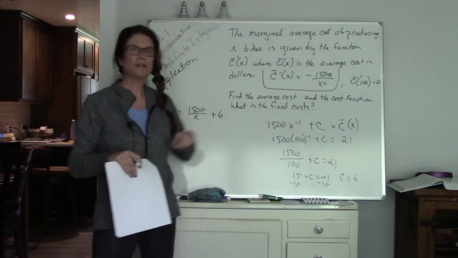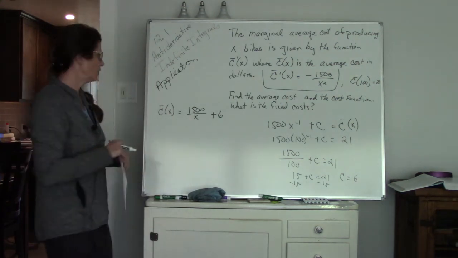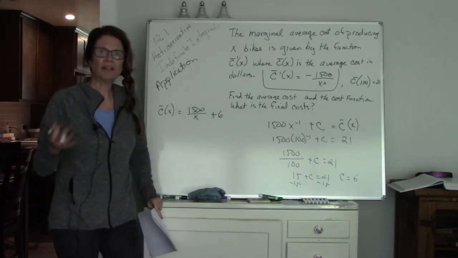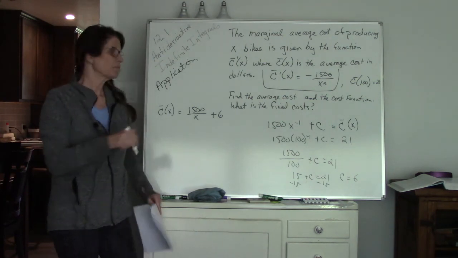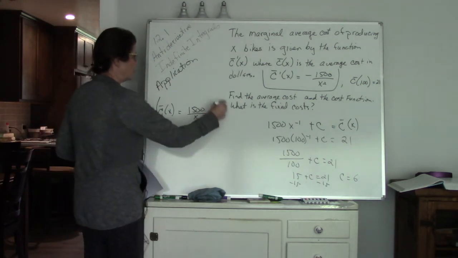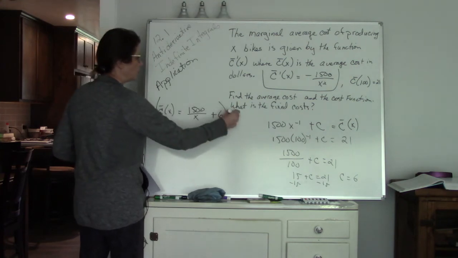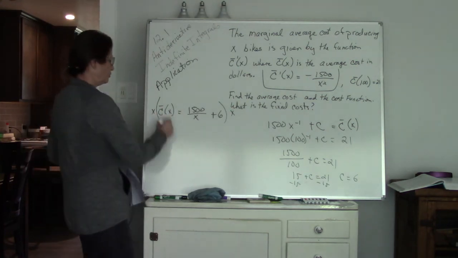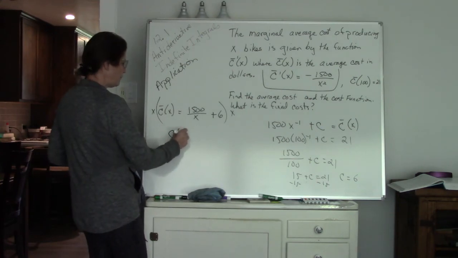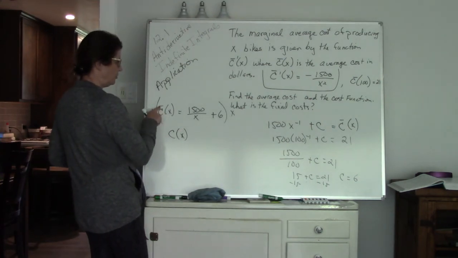Now it says, what's the actual cost function? If you remember, whenever you find average, you take the total and divide it by x. So to go from average back to our original, we're going to multiply by x. When I multiply by x, that gets rid of the average.